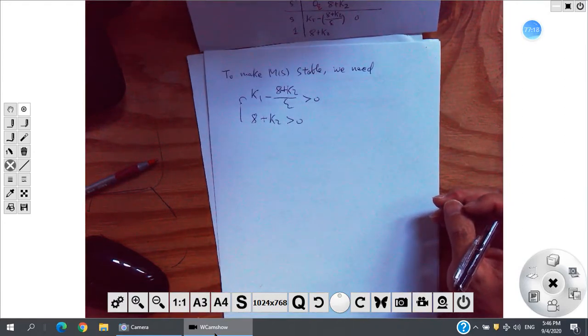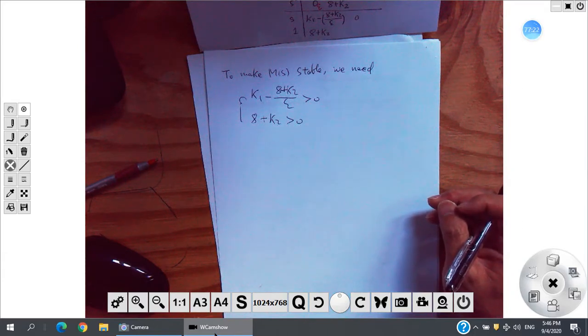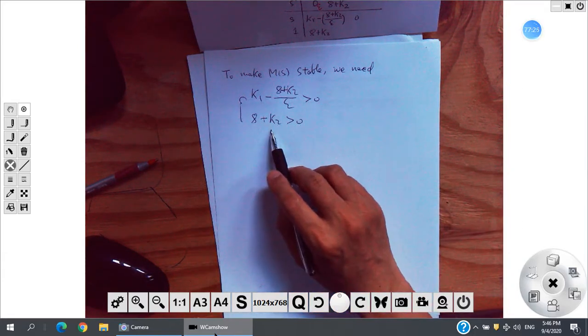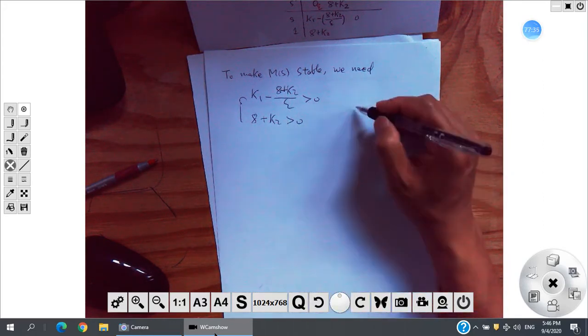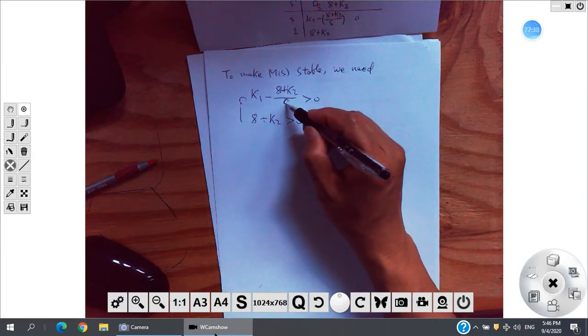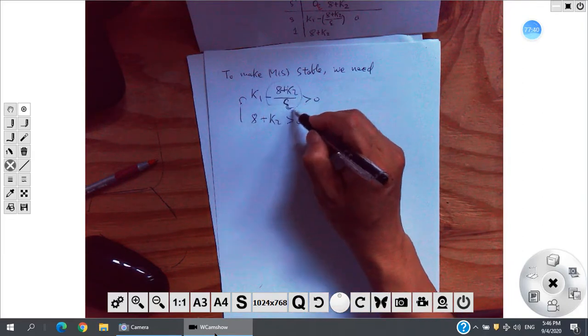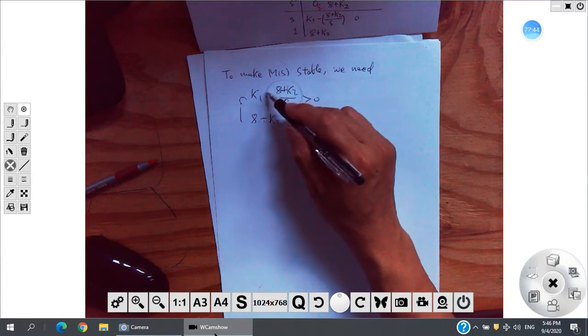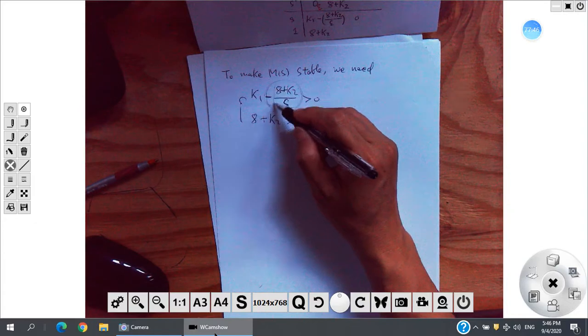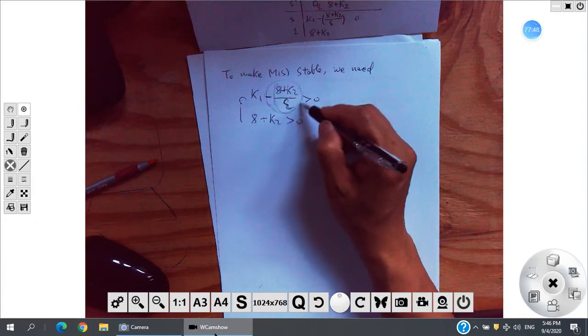So here, let me see. This is positive, this is also positive, and epsilon is a small number. Oh, this is still not good. Sorry, we can't, because epsilon is small, so this one will be a very large negative value.